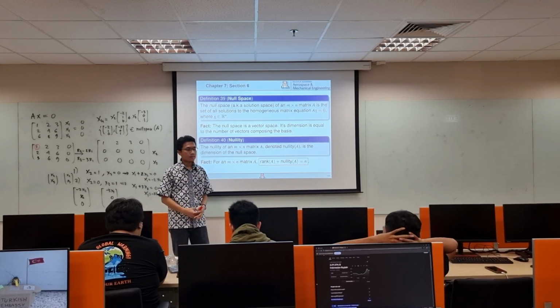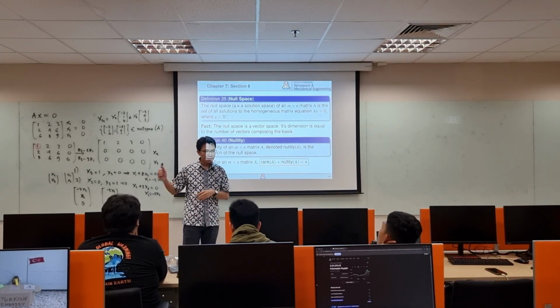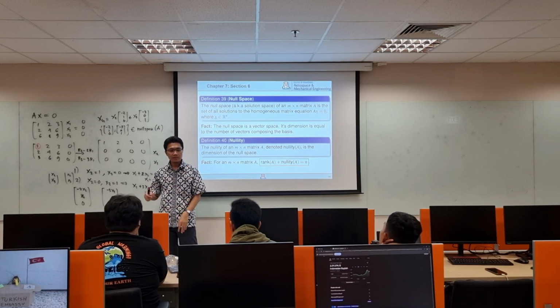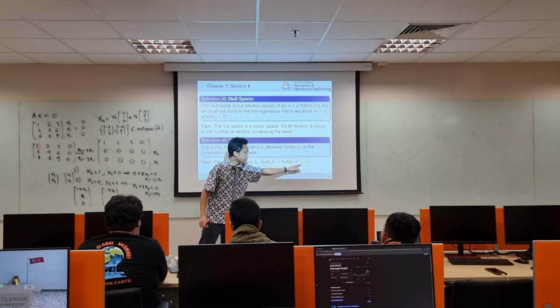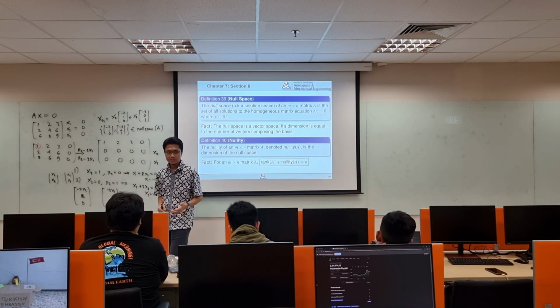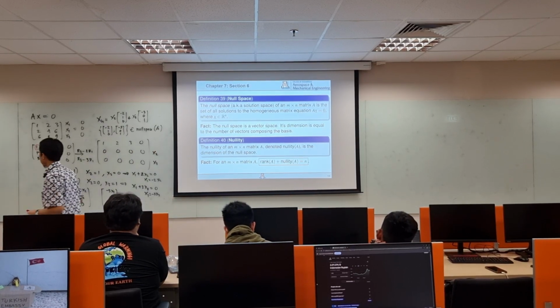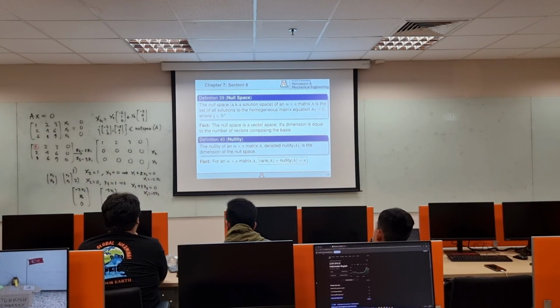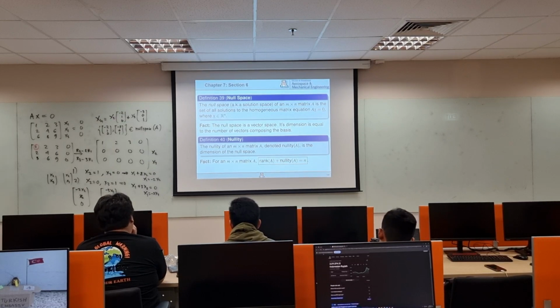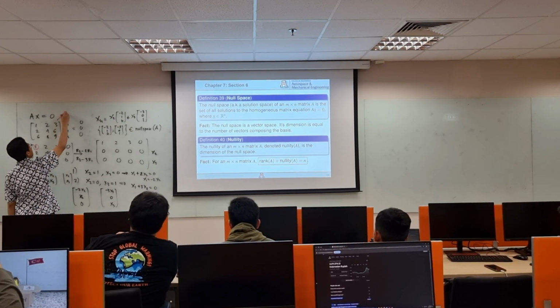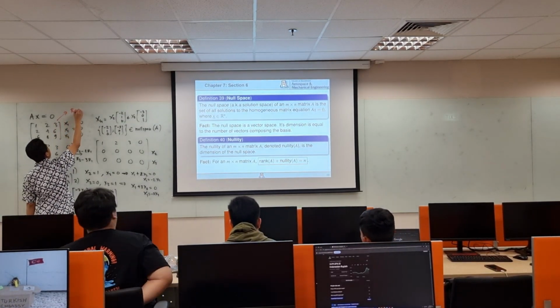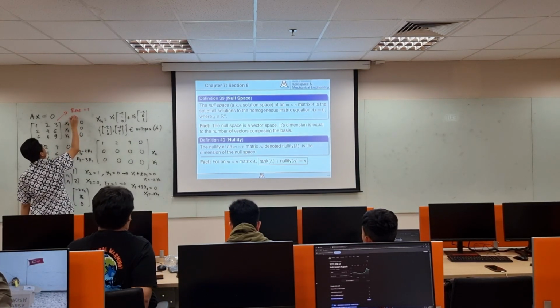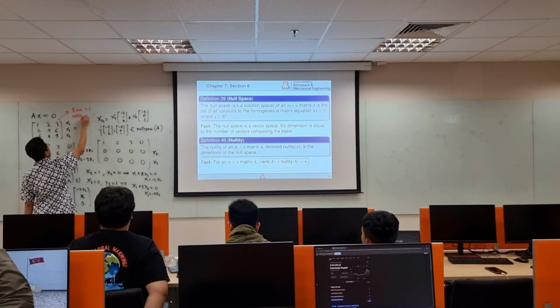So the rank of that matrix plus the dimension of the null space must be equal to the size of the matrix itself. So for this case, the rank plus nullity: rank is 1 and the nullity is 2.